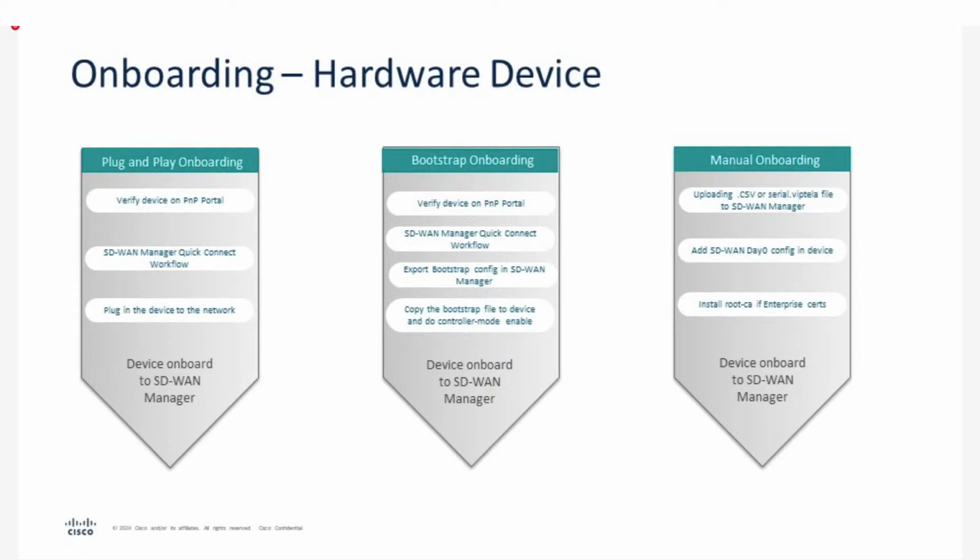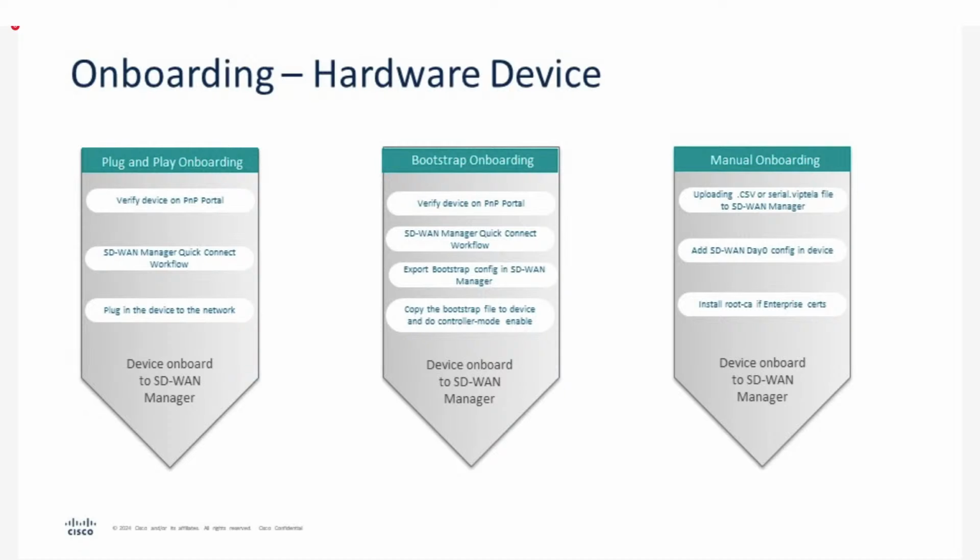The second method we have is the bootstrap method. In this method, the PNP process remains the same. As soon as the customer purchases, the serial number will automatically reflect in the PNP portal. In this case, we can go ahead and generate a template for this particular device, and for that device, there will be an option to download the Bootstrap configuration.